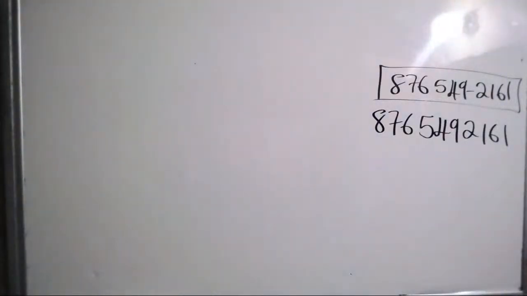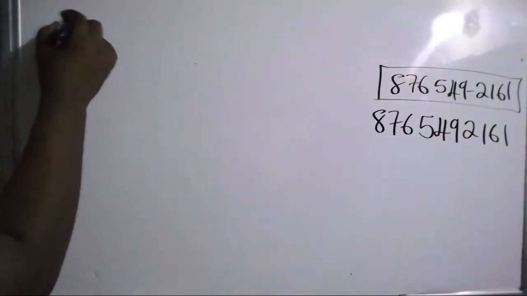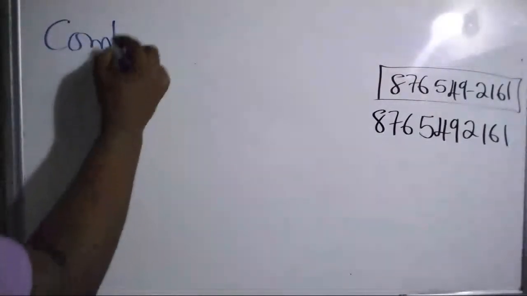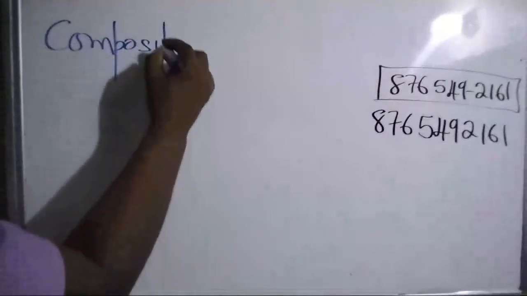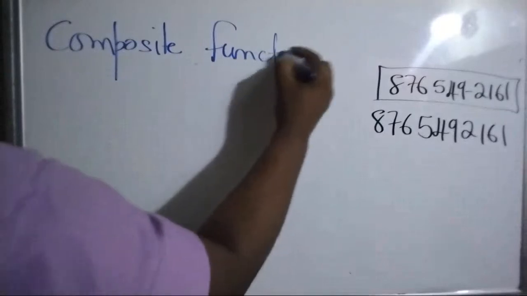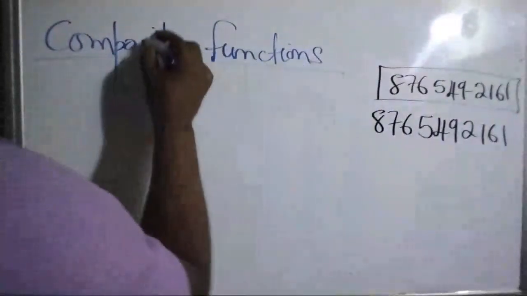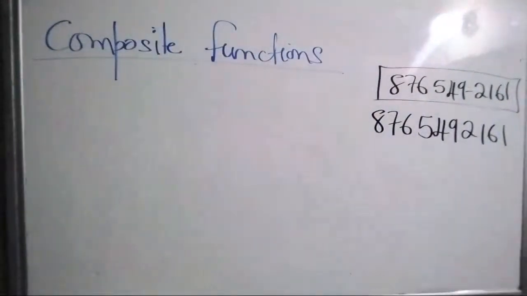Let me write the heading so everybody can know what we are doing. It's composite. And guys, in about 2 minutes, everyone will understand how to do composite functions. I'm not even joking about it.